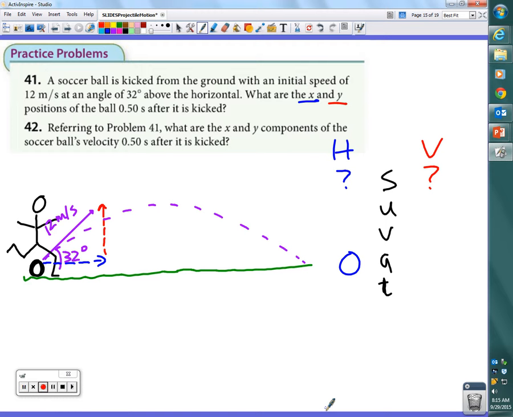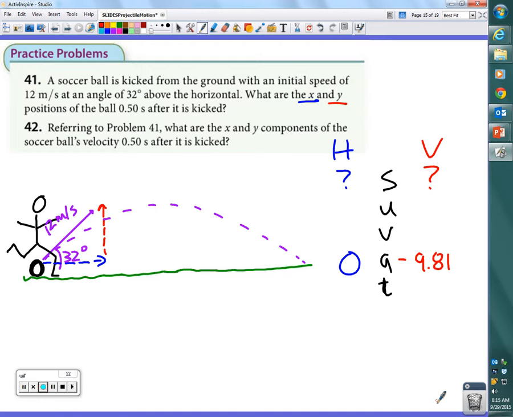There's nothing horizontally. That means what's going to be the vertical acceleration? 9.81, because that's the acceleration of gravity here on Earth. In most cases, that 9.81 is going to be in which direction? Negative, because we're going to go downward. Okay? All right.